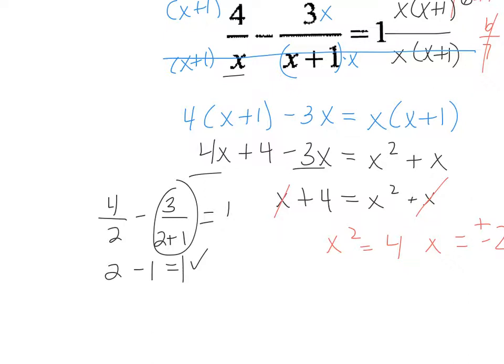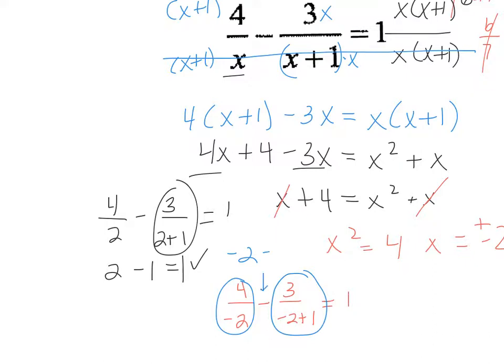Now I'm going to try negative 2. So does 4 over negative 2 minus 3 over negative 2 plus 1 equal 1? So this is going to give me negative 2, and 3 divided by negative 1 is negative 3, but I have this negative right here, so 2 minus negative 3 is equal to 1.